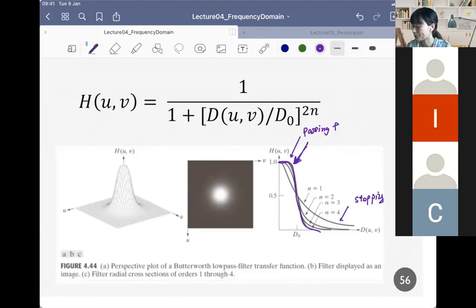Here, we also have the cutoff frequency, D0. D0 is the cutoff frequency. And D(u,v) is the distance of the particular u and v positions of the frequency from the center.